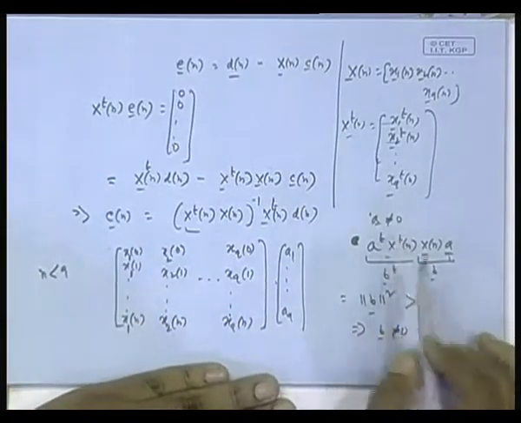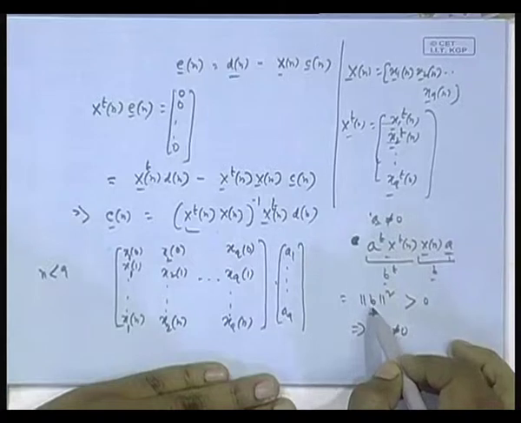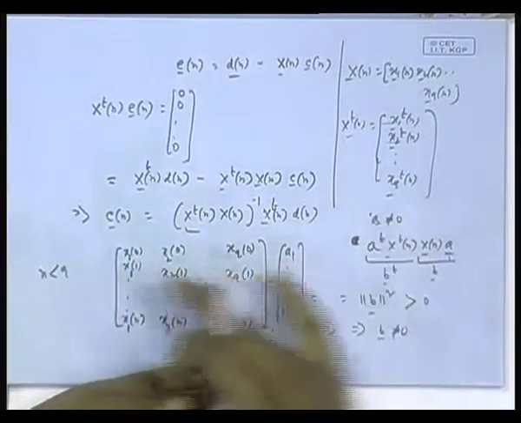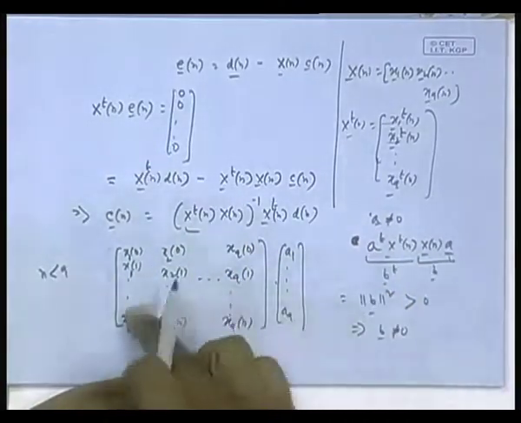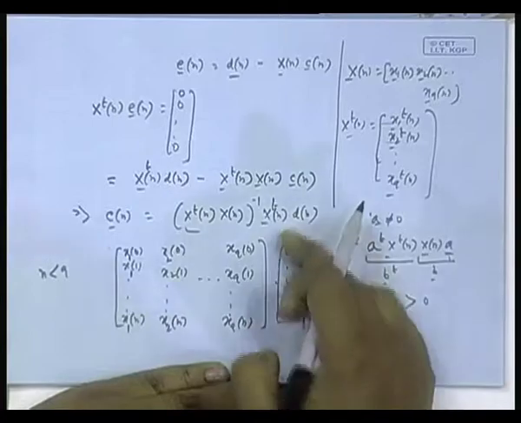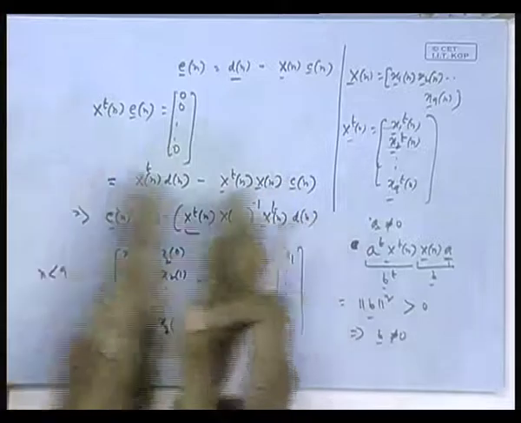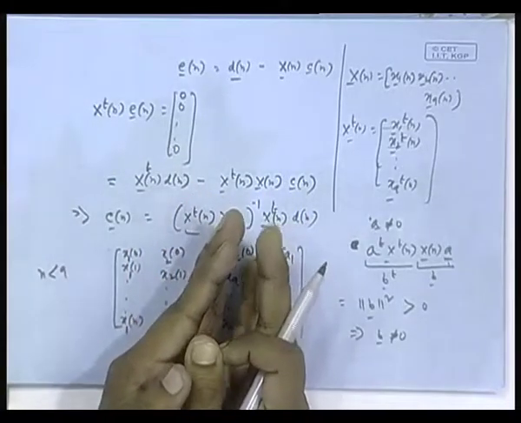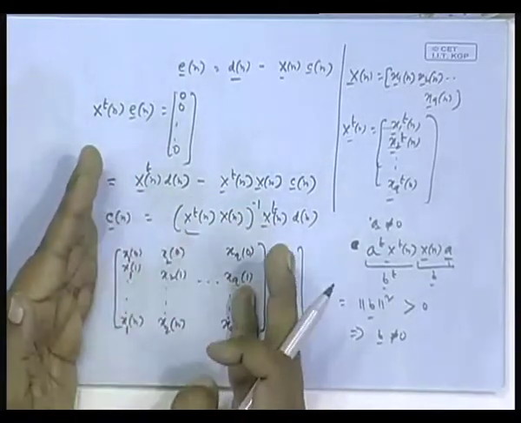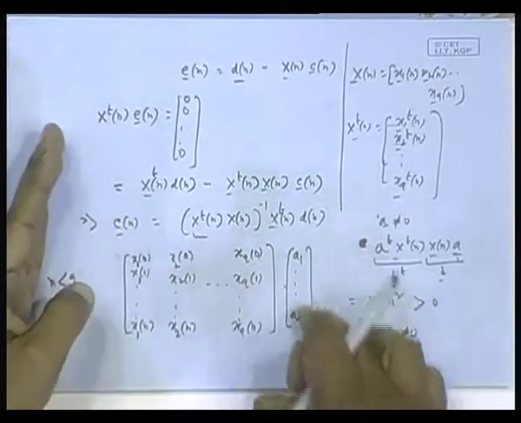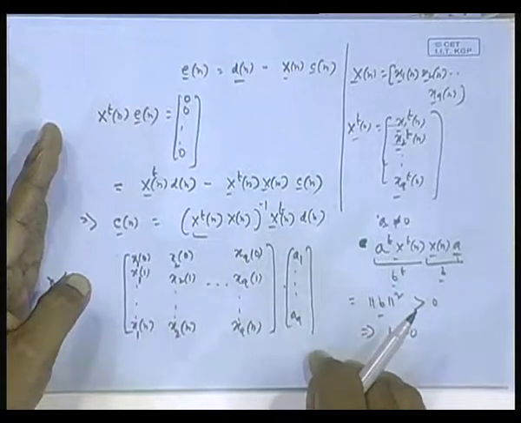Initially I wanted that this B vector be a non-zero vector. Question is, how can I ensure that? Given a non-zero A, I worked out this elaborate matrix into vector. I said that if these columns are linearly independent, given a non-zero A vector, then the linear combination, you are just combining them, cannot be 0, because if they are linearly independent, the only way the combined thing becomes 0 is by choosing each of A1 to Aq equal to 0, but that you are ruling out.